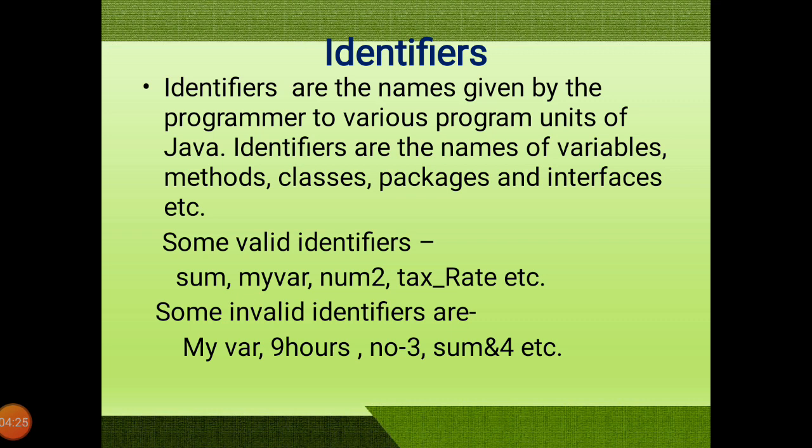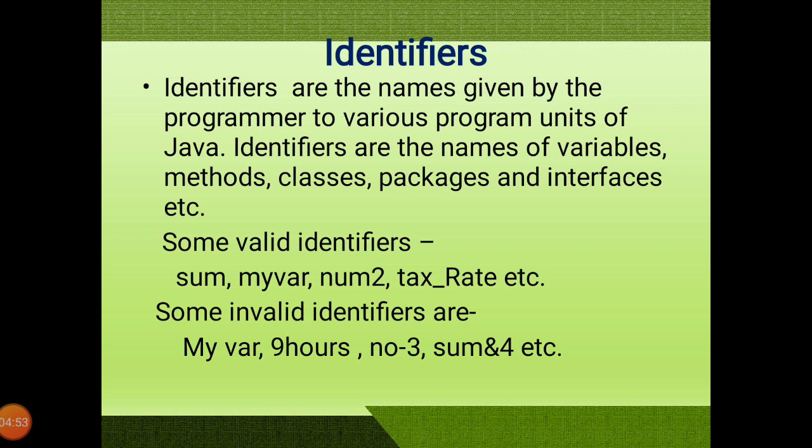There are some rules for naming an identifier. The first character of an identifier must be a letter, alphabet, or underscore. It must not be a keyword. Keep in your mind, keywords are not allowed as identifiers. It must not begin with a digit. An identifier always begins with an alphabet or underscore.